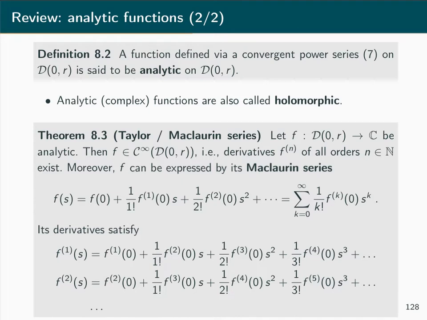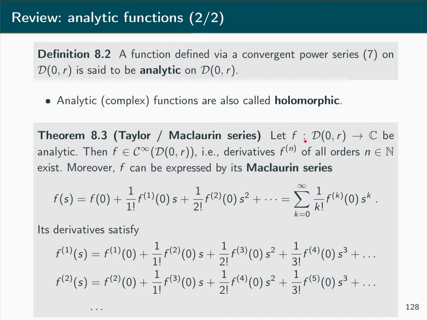For this class of analytic or holomorphic functions, we have the important Theorem 8.2, which is also known as Taylor's theorem, and it's about Taylor series, which certainly any one of us has seen before, or to be more precise in this context, about Maclaurin series. And the statement of Taylor's theorem goes as follows.